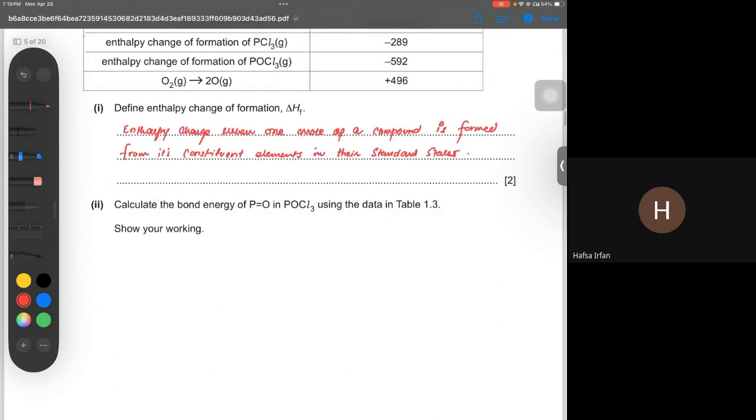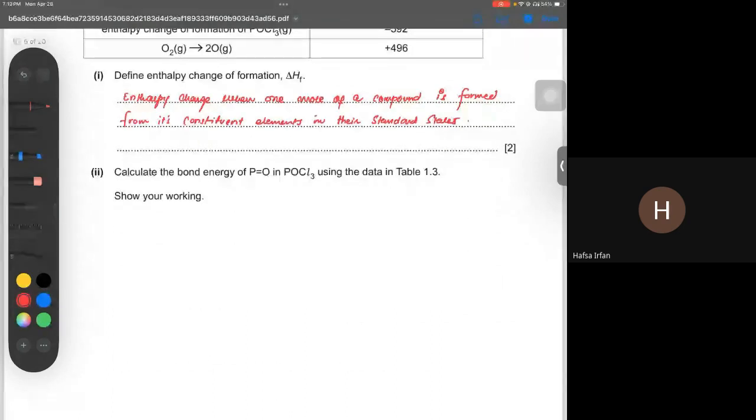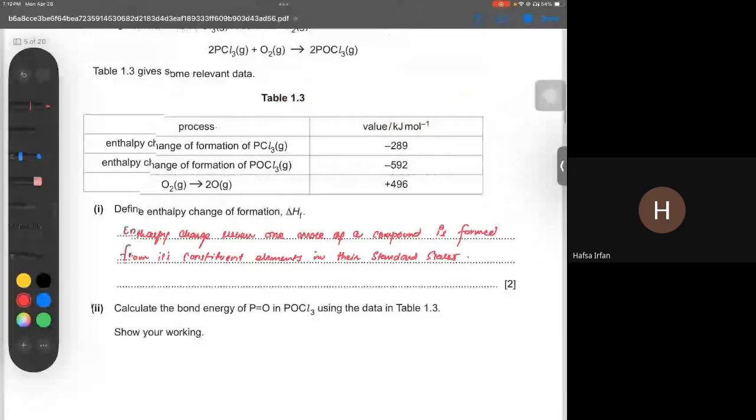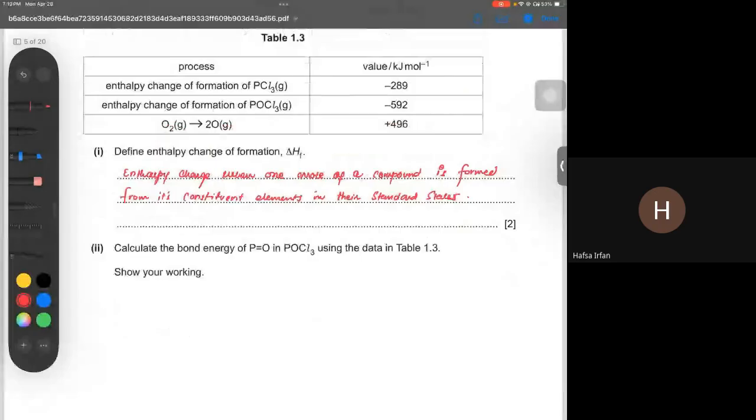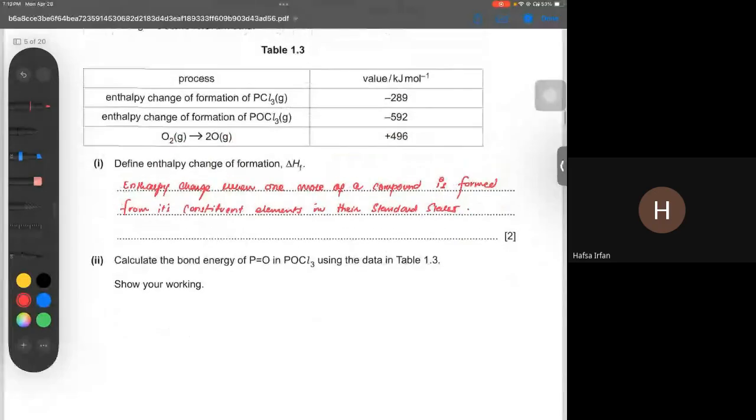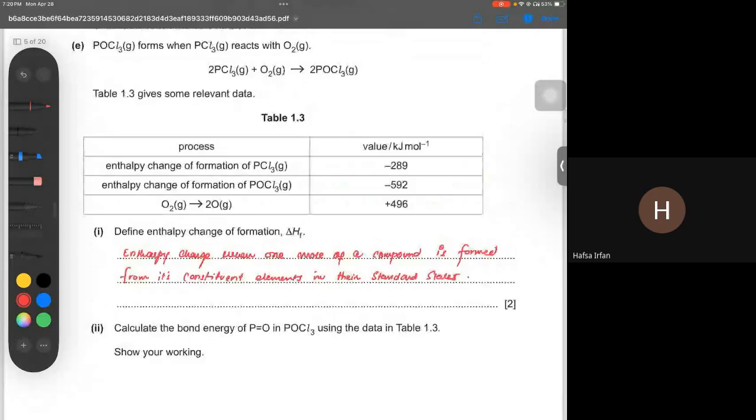Calculate the bond energy of P double bond O in POCl3 using the data in table 1.3. They're asking for the bond energy. So how would I do this question?